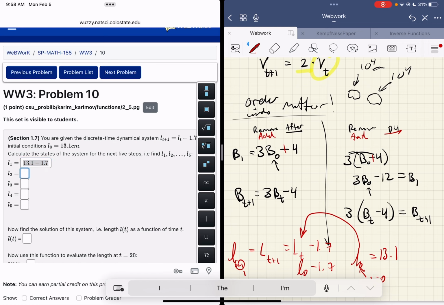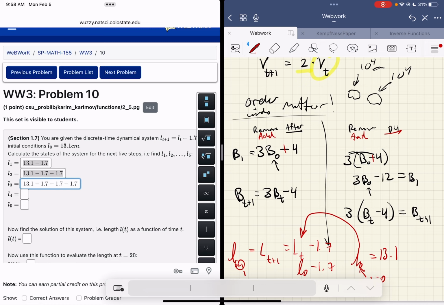Great. Now to get L2, I have to do L1 minus 1.7. And to get L3, I have to do L2 minus 1.7. And notice what's happening. The number of times I subtract 1.7 is the same as the subscript.